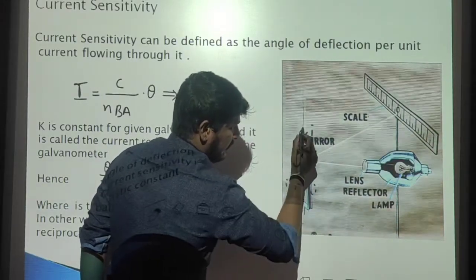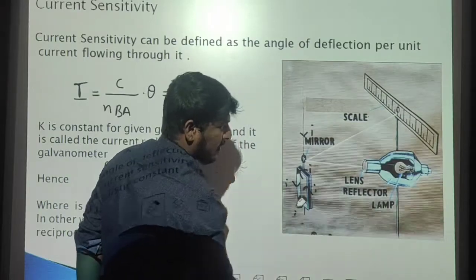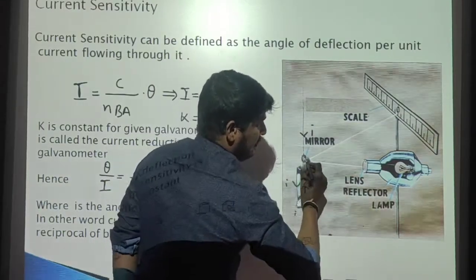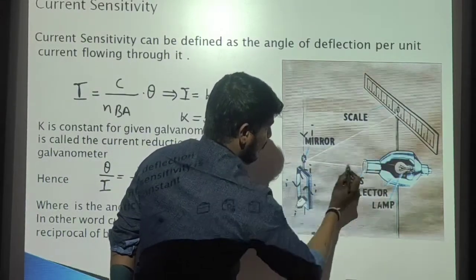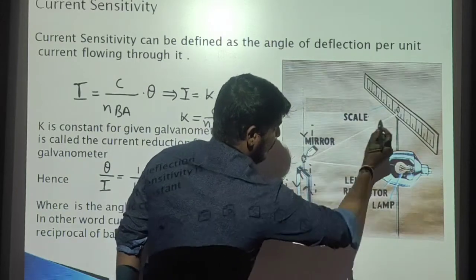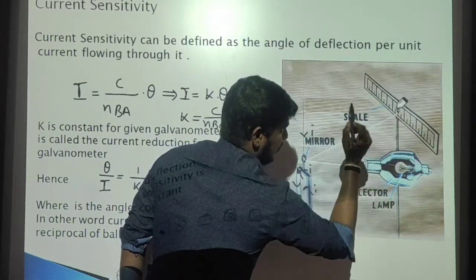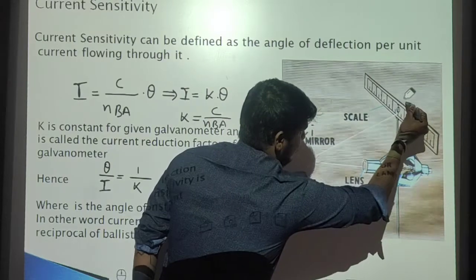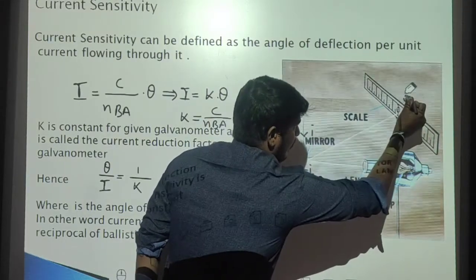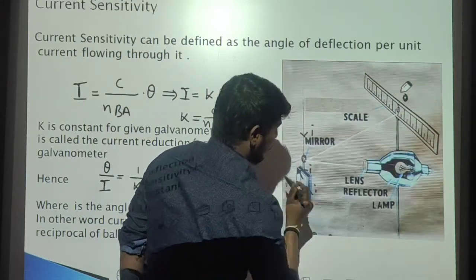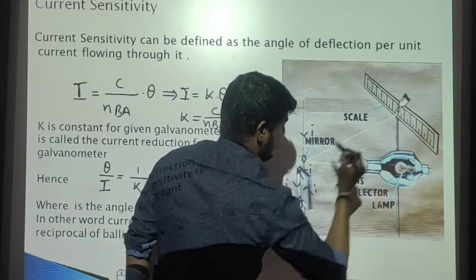Initially, if there is no current in the coil, the light reflected from the mirror will be incident at the zero point on the scale.